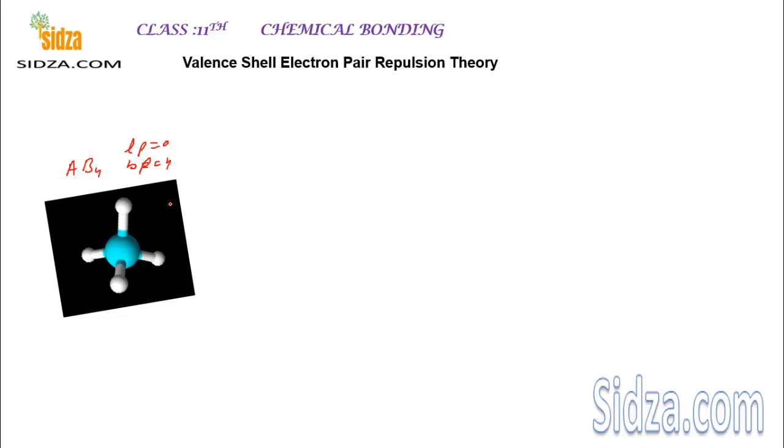Now suppose I replace one of the bond pairs by a lone pair. What do you get? You get an atom A with 3 B atoms around it, like this. So the shape will not be tetrahedral, rather it will be pyramidal, right? So the shape is pyramidal. One such example is ammonia, NH3.